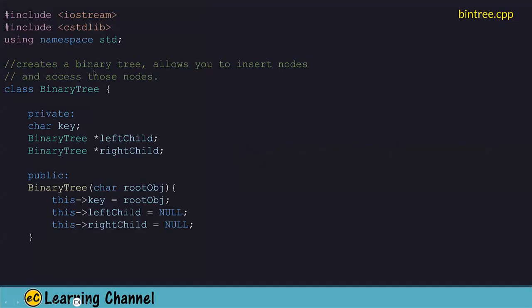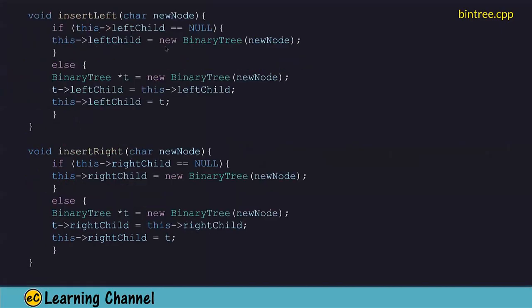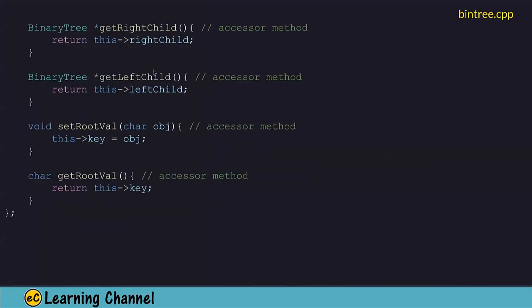So you may have a binary tree, with a private key and two binary trees. If you use a class, right here, you use a pointer to the class, okay? And you have a constructor, insert to the left, insert to the right, and get right child and get left child, and set the root value, and then get the root value.